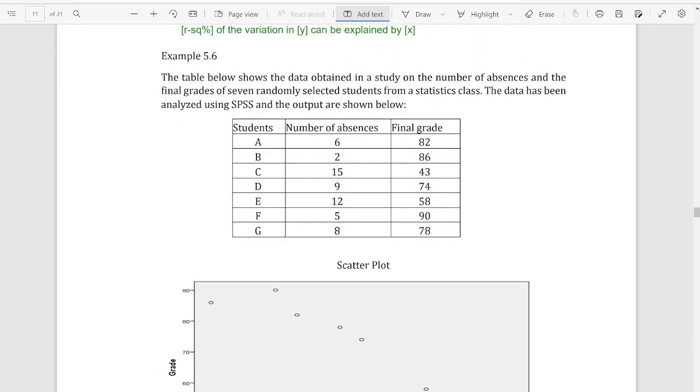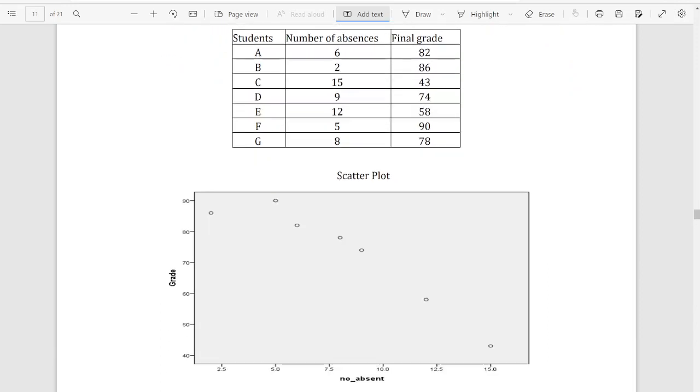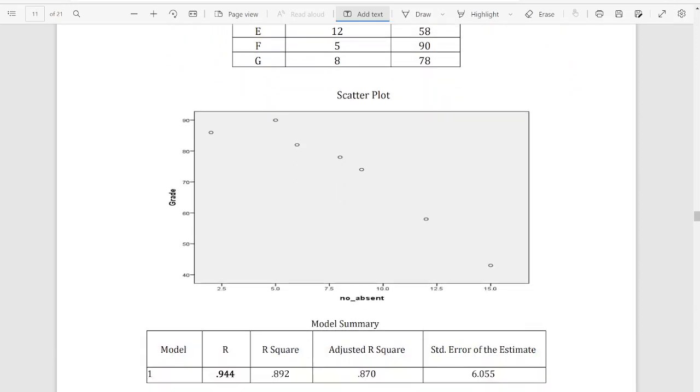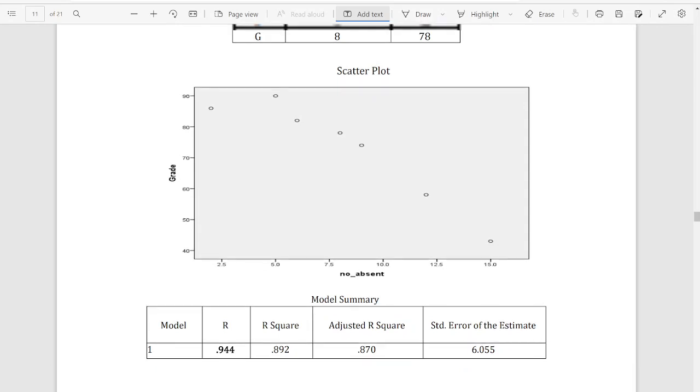Okay, contoh ni pula dia katakan the table below shows the data obtained in a study on the number of absences and the final grades yang tadi. So dia is run using SPSS and the output received is this one. So the scatter plot is the same as the one yang kita dapatkan tadi. And then dia ada model, dia punya R, that is the correlation coefficient 0.944.